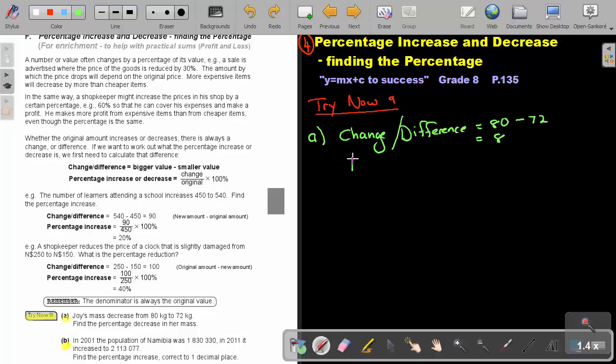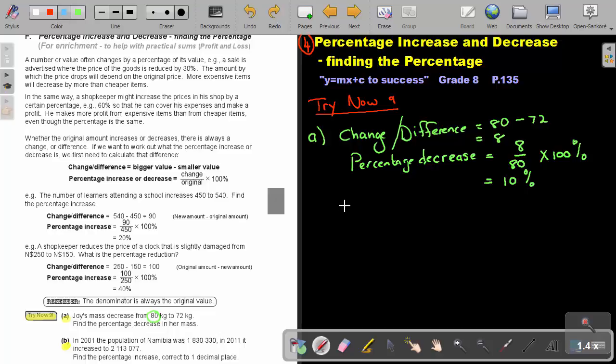And then if I want to find the percentage decrease, I'm just going to take the 8 and put it over the original one. The original one will always be the one they mentioned first, and that was the 80. And then to make it a percentage, I just multiply by 100%. And that will give me an answer of 10%.